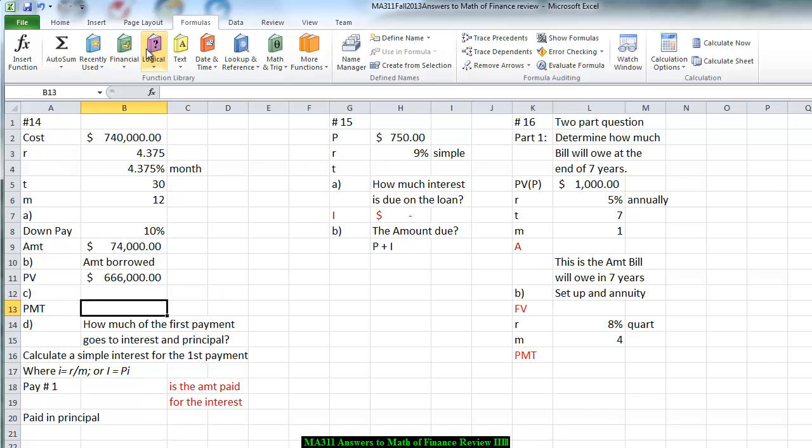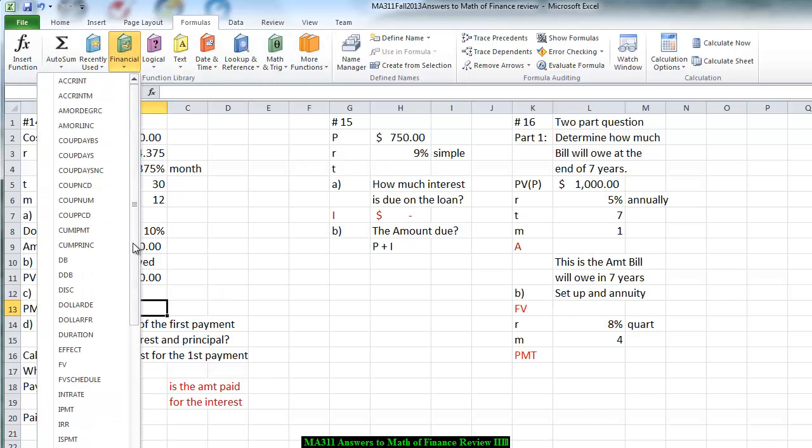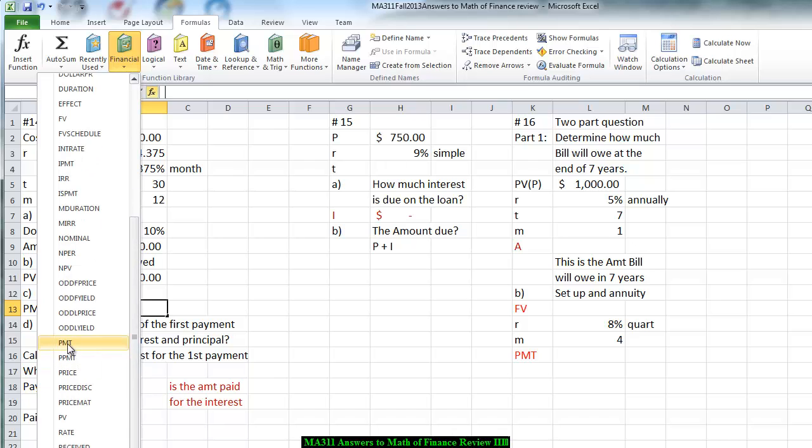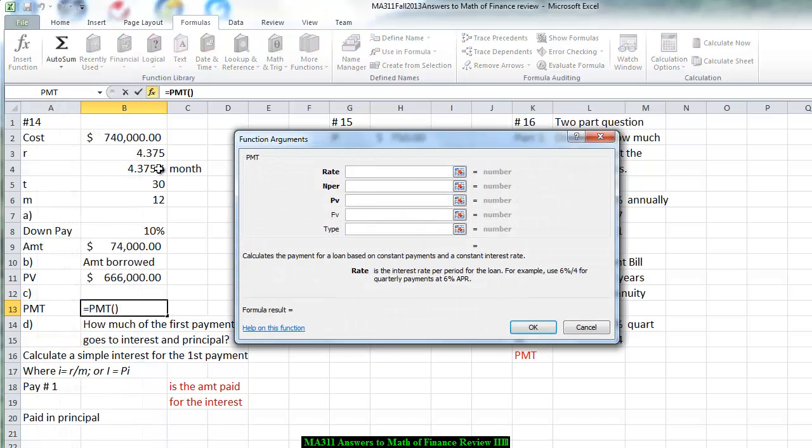Part C says we want to calculate the amount of the monthly payment. So again, we go to our formulas, we go to financial, and we go to our payment function, and the interest rate is 4.375 divided by the 12, so that gives us our periodic interest amount.